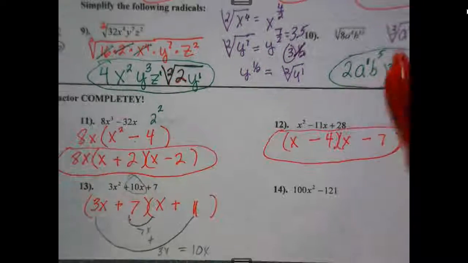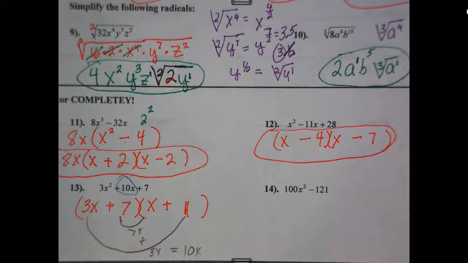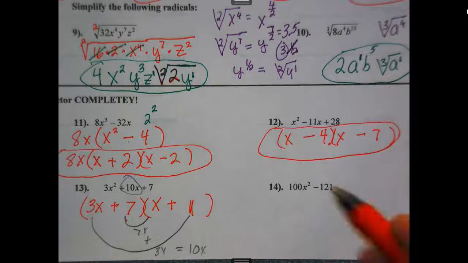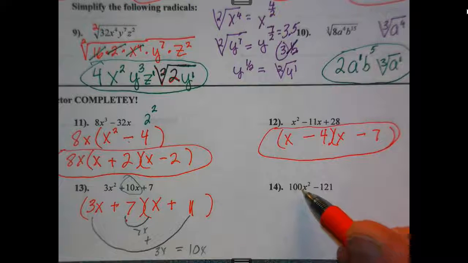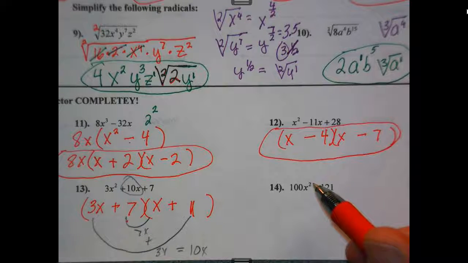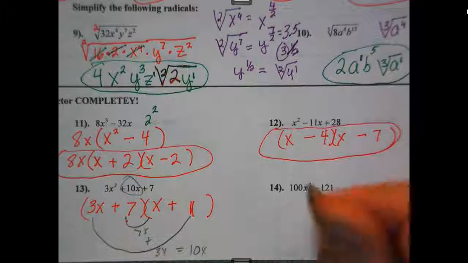14. What do I have here? Why don't you write 100 as a power of 2? 100 is a perfect square, isn't it? Looking at your little cheat sheets, what is it? 10 squared.